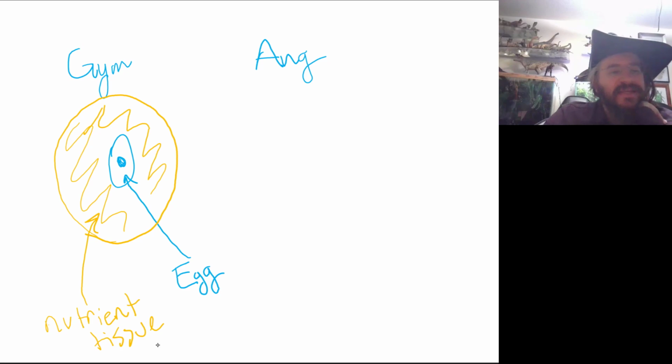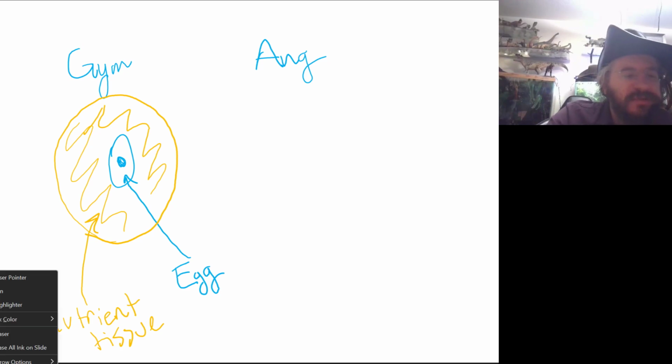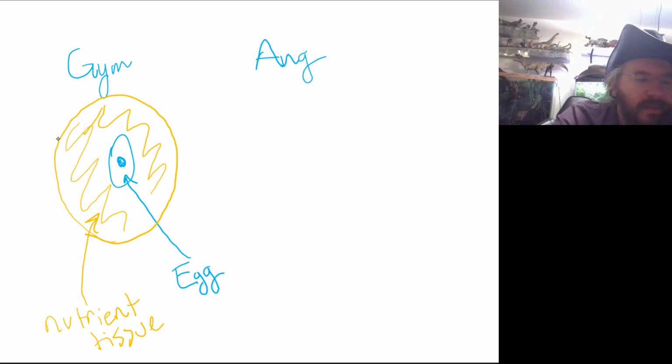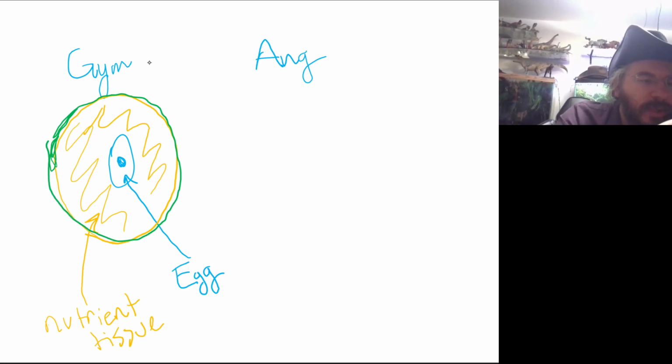Basically, the mix of sporophyte and gametophyte that's between the spore wall and the egg. One cell thick spore wall. So nutrient tissue here, haploid. Not too bad. Haploid egg.